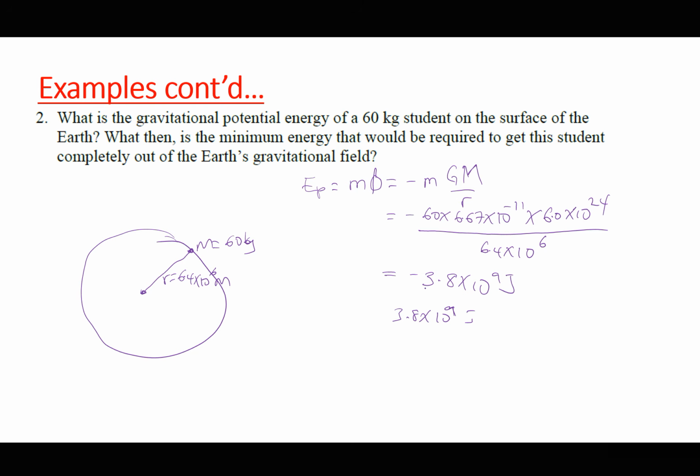So the potential should become less negative until it reaches 0. So it will change from this to 0. That means we get 0 minus this, which gives us this value here. The student will need this to reach infinity, or to be free from the Earth's gravitational field.